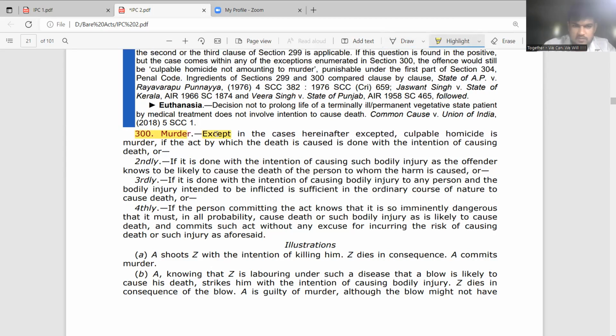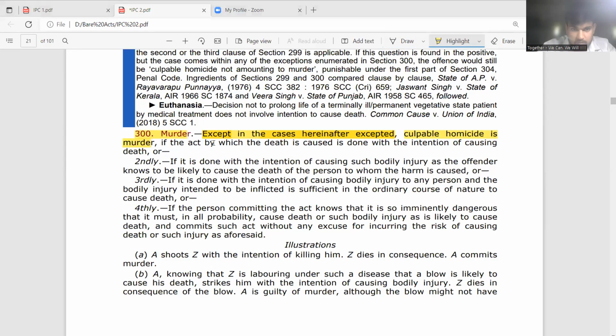They are stating first of all, except in the cases hereinafter excepted, culpable homicide is murder.